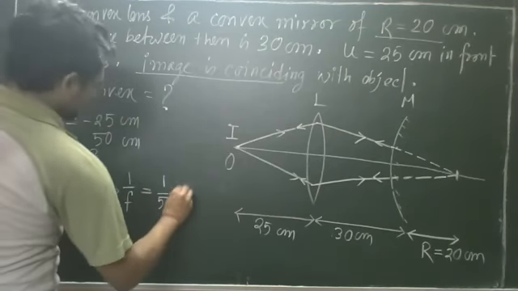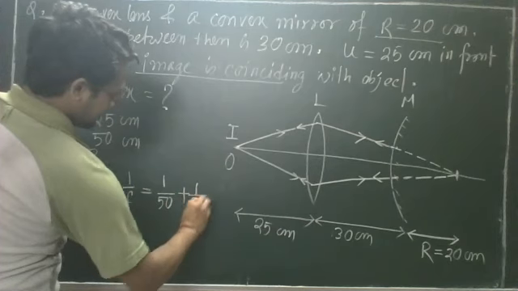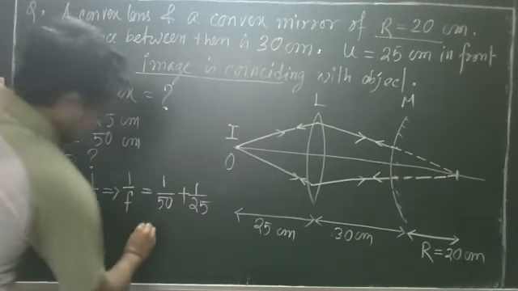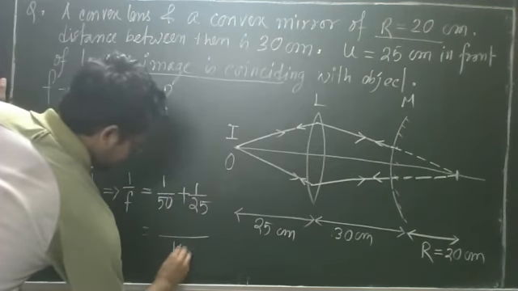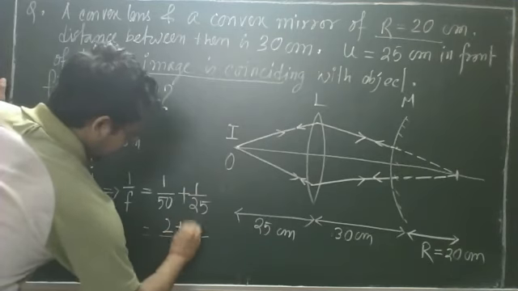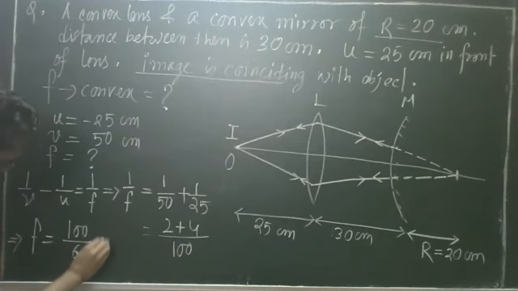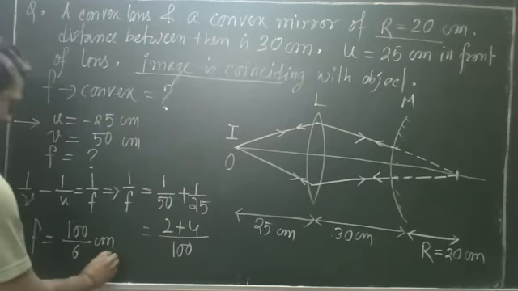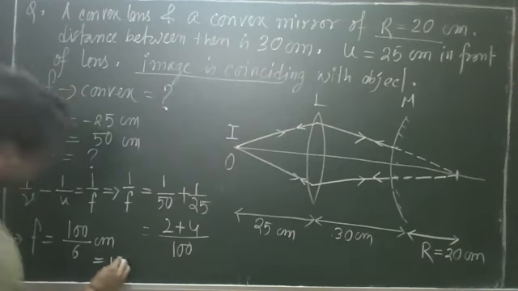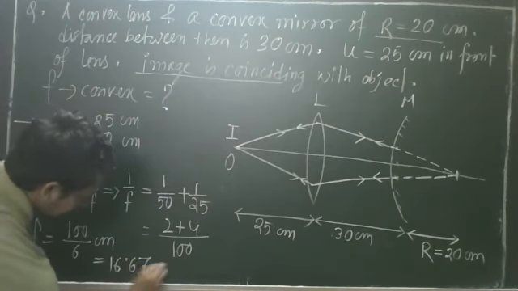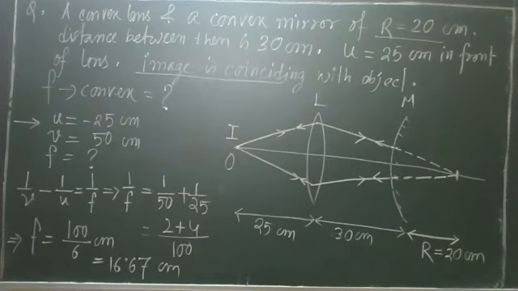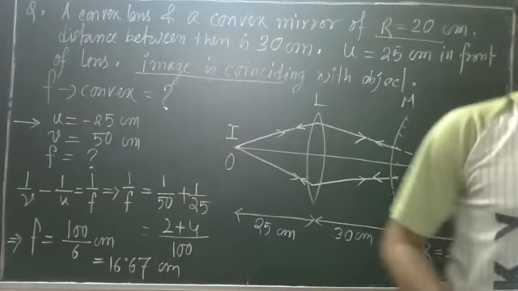So we get 1 by F equals (2 plus 4) by 100, so F is 100 by 6 centimeter, which is 16.67 centimeter. Clear?